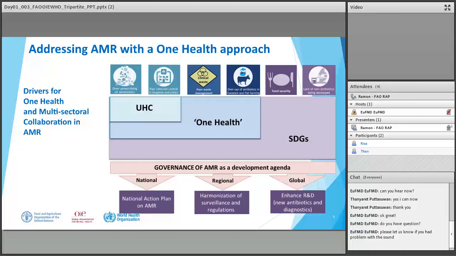At the national level are the national action plans that have been developed by all countries in this region, not least Thailand, which has an excellent plan in place and which has been implemented. At the regional level, a lot of the focus is on harmonisation of surveillance and regulations, and at the global level it is to enhance research and development to develop new antibiotics and diagnostics.